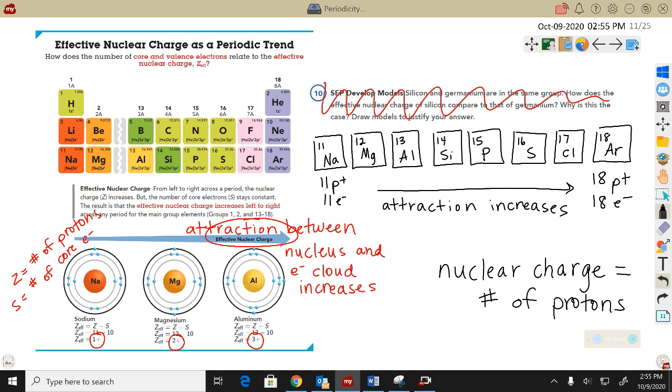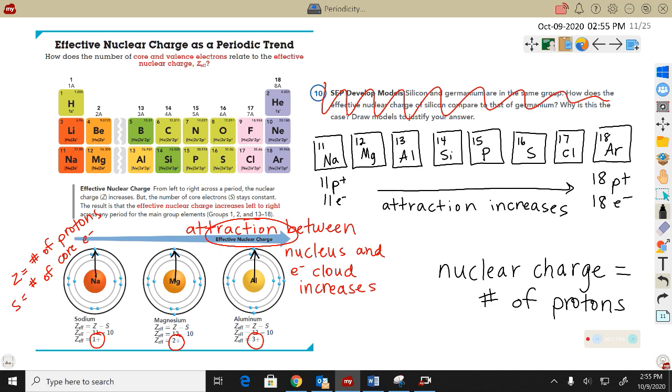Here, sodium has 1 electron in the 3rd energy level. Its highest energy level is the 3rd. Well, when you go to magnesium, you've got 2 electrons, but they're still in the 3rd energy level. Aluminum has 3 valence electrons, but they're all going in the same energy level.